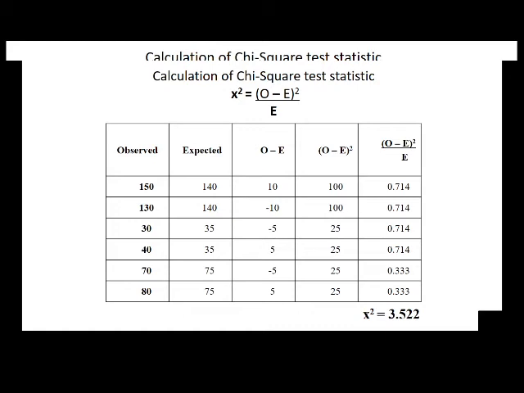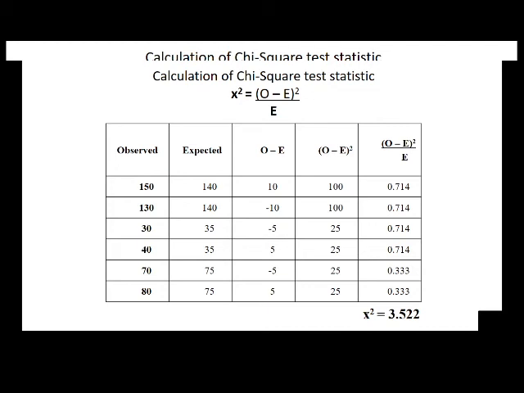For the first cell, observed frequency 150 minus expected frequency 140, O minus E is 10. Squared, 10 square is 100.